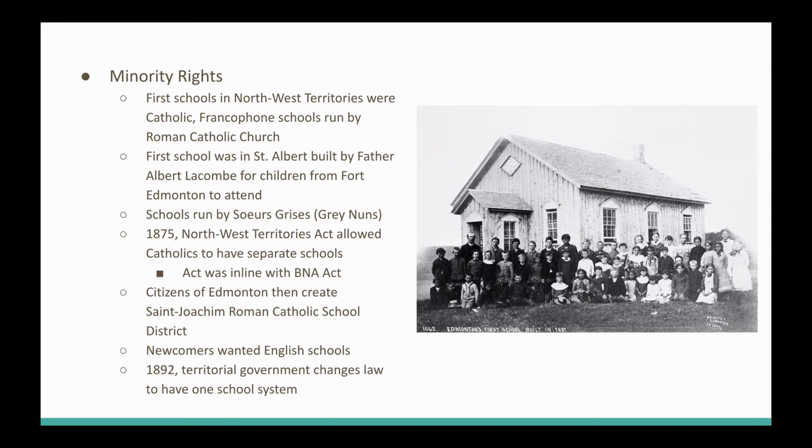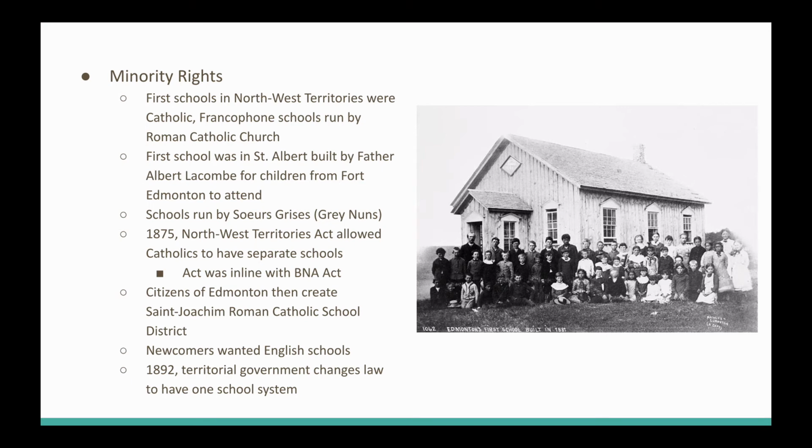The newcomers, however, that were making their way out west as farmers, they wanted English schools. So in response to their demands, in 1892, the territorial government, because remember, it's not yet Alberta, it's the Northwest Territories, changes the law to have only one school system.